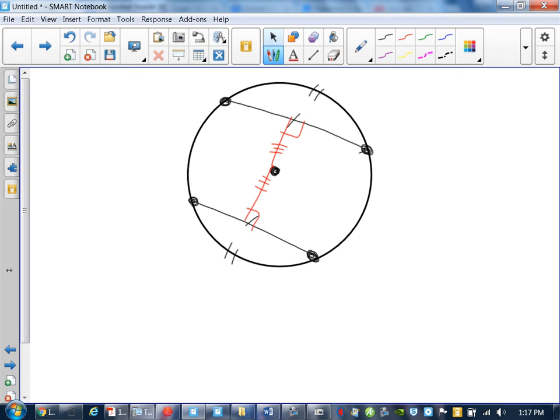And the reason that works is because of congruent triangles. Because I could draw in all those guys, which are radii. All four of those segments in blue would be radii. All four of those segments in blue share the equidistant part here.